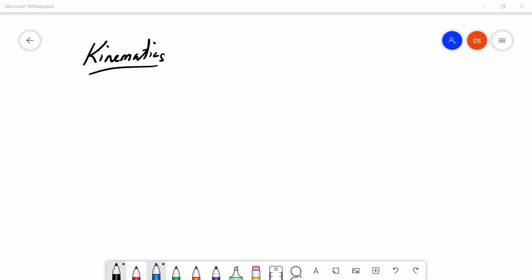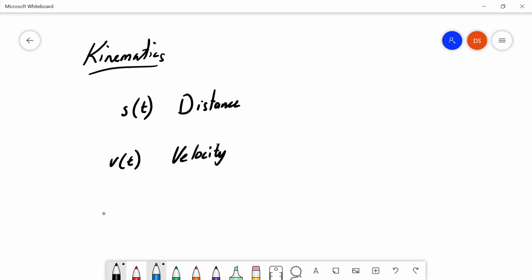Kinematics is a study in physics on motion, and we use calculus often to describe it. So kinematics has things that are distance, a function according to time, velocity, a function according to time, and acceleration, a function according to time.